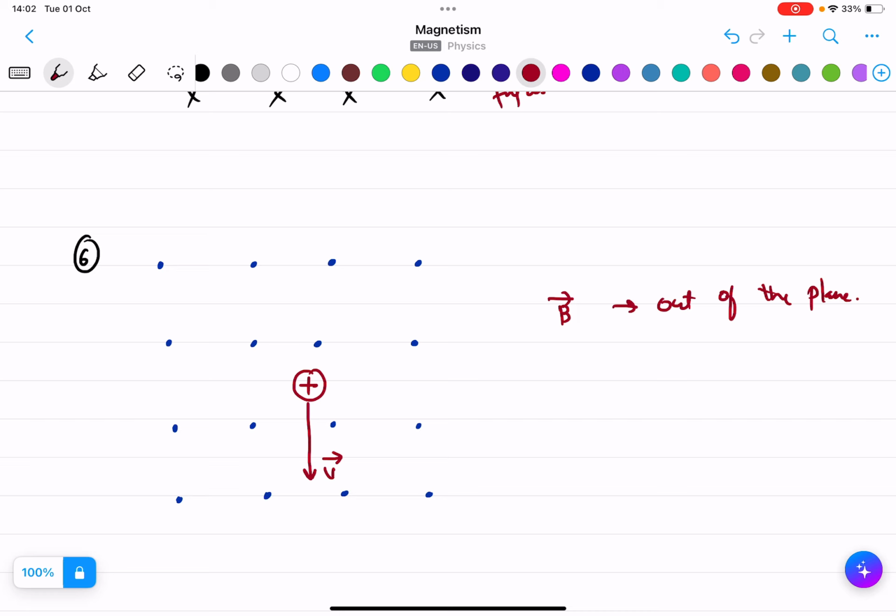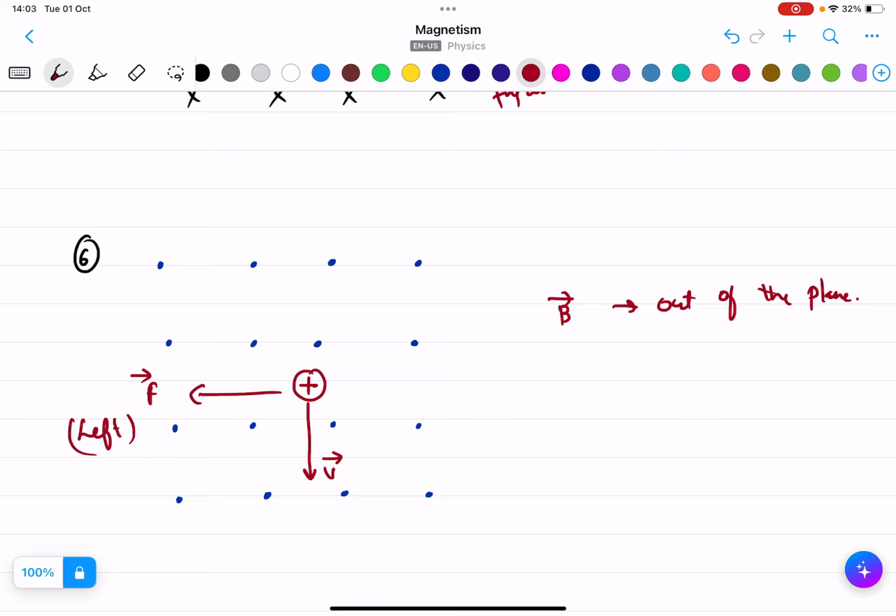So imagine B is out of the plane and the finger is here. So where will be the force? So force will be in the left direction. Please visualize it and then you will find it.